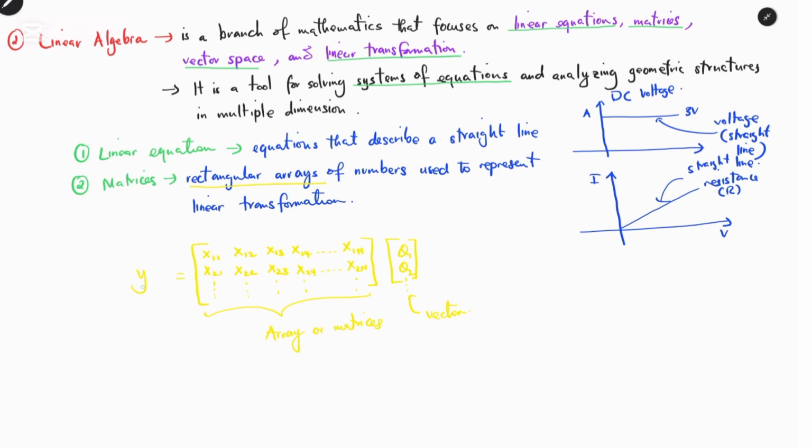So if we want to find y, then we can use the matrices to solve for the unknown. And this type of matrices is popular in, for example, control systems. We want to learn adaptive control.